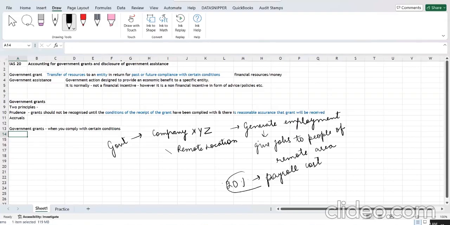So this 20% of the payroll cost is my financial incentive.